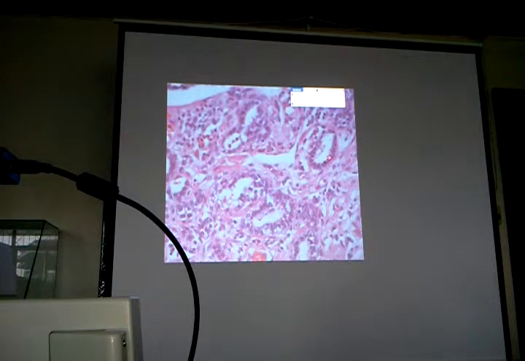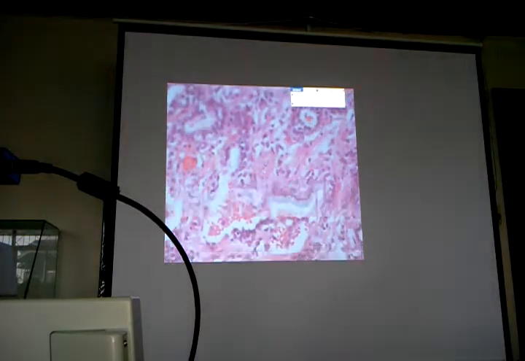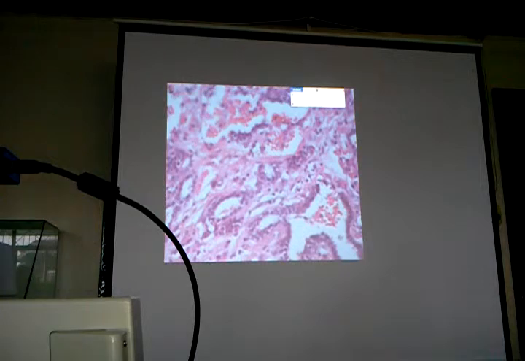Here, the epithelia that we are seeing are almost all cuboidal. So, the regular respiratory epithelium has been lost and replaced by cuboidal epithelium. And then the wall of the alveoli no longer contains smooth muscle fibers. So, the smooth muscle fibers were already destroyed and replaced by fibrous connective tissue.